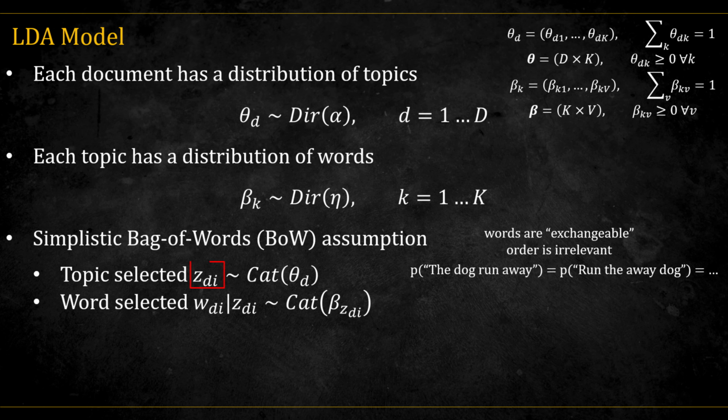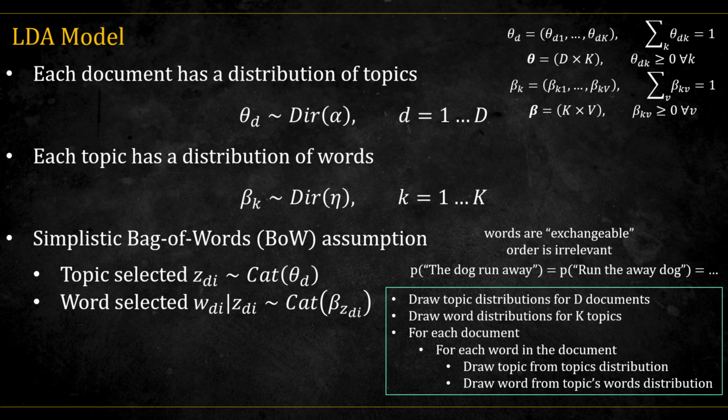We denote by Z's the latent topic assignments of each word, and we assume that each word came from an underlying word topic. The topic is drawn from a categorical distribution according to the distribution of topics, and then the word is drawn from a categorical distribution according to the distribution of words of that specific topic, the corresponding Z. The generative algorithm can thus be summarized by the following box.